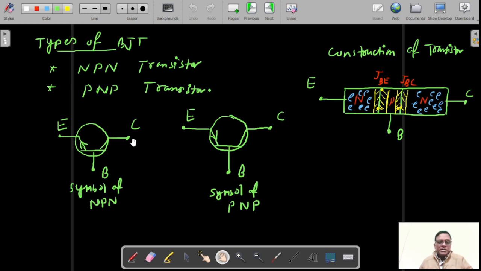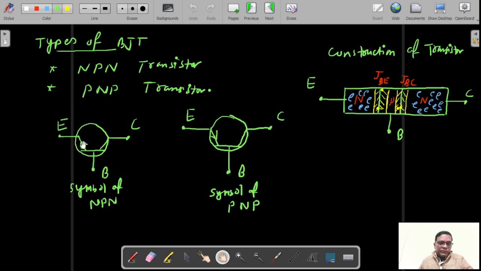So it is a three terminal device. That means we have three external pins, base, emitter and collector, from which we provide the biasings.